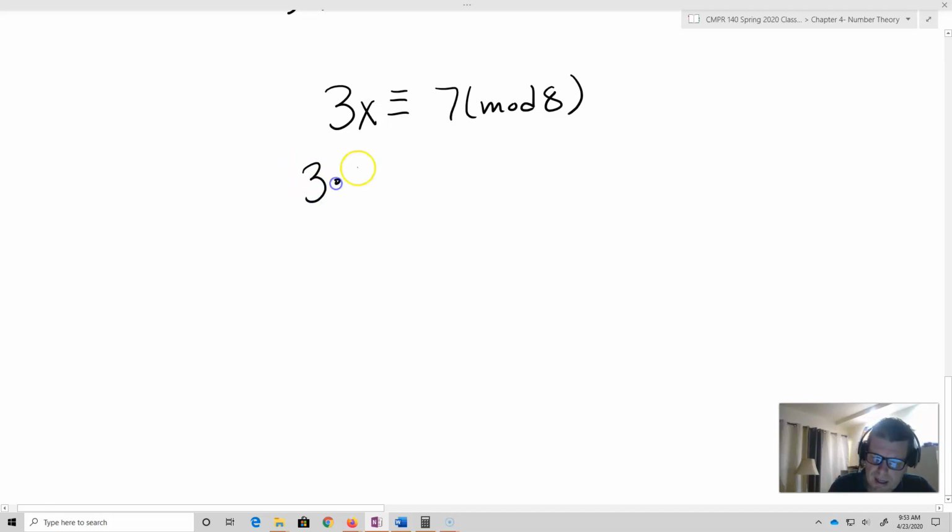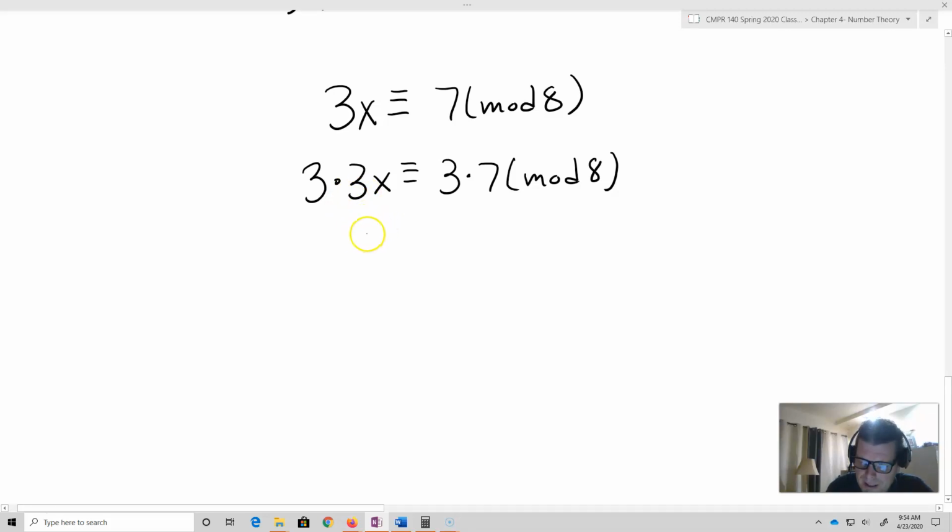So 3 times 3x will be equivalent to 3 times 7 mod 8, because we multiply both sides by the same number. That's algebra. 3 times 3 modulo 8, remember, is now 1. So x is equivalent to 21 mod 8.